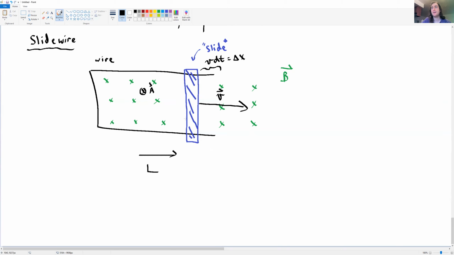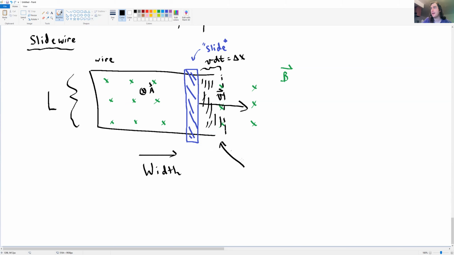Well, delta x times, let's call this the width, W for the width. And then we have here the length. So this is the length of that rod. So if it changes by an amount delta x, this is the extra amount of area that we have here, right?